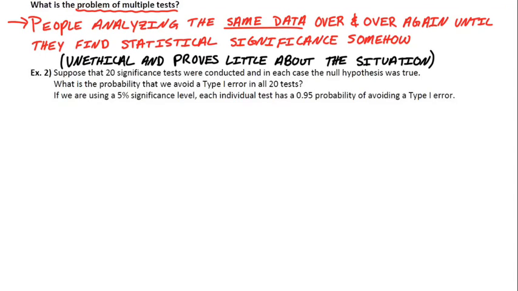All right, so example 1 is pretty much that exact comic. It says, suppose that 20 significance tests were conducted, and in each case, the null hypothesis was true, meaning jelly beans don't cause acne. What is the probability that we avoid a type 1 error in all 20 of those tests? We're going to use a 5% significance level. Each individual test then would have a 0.95 probability of avoiding a type 1 error.